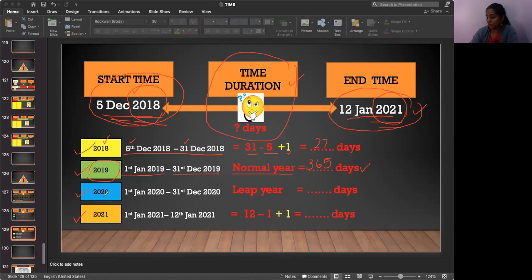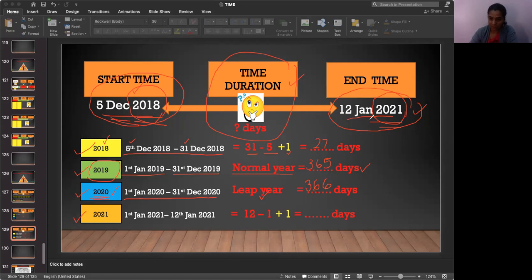So there is a video on how to calculate whether a year is a leap year. And in our example, the year 2020 is a leap year. So how many days are there altogether? Of course, we'll have to add one more extra day. That would make it 366 days in the year 2020.